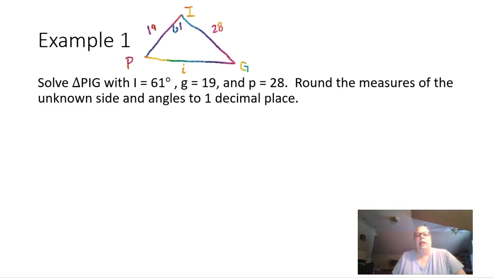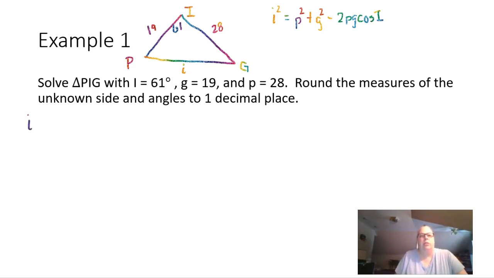All right, this is a side angle side situation, and so it calls for the law of cosines. And I'm going to use the formula that side I squared is equal to side P squared plus side G squared minus 2 times P times G times the cosine of angle I. Let's see what we get.